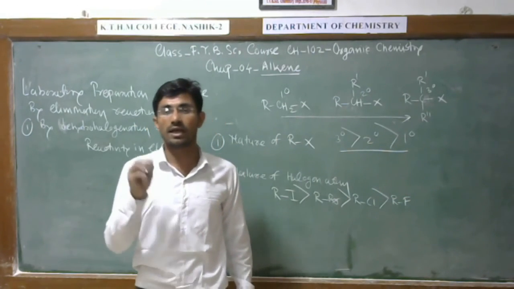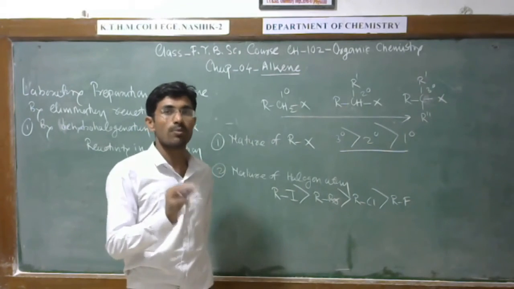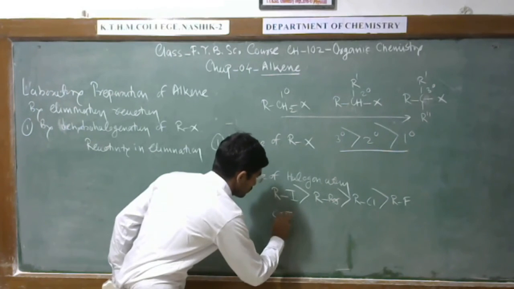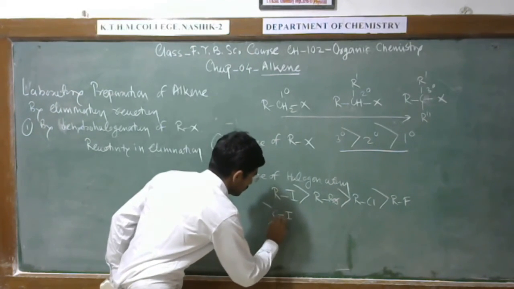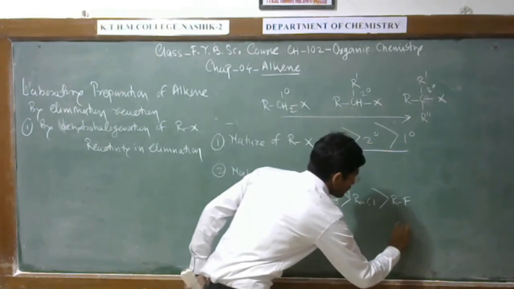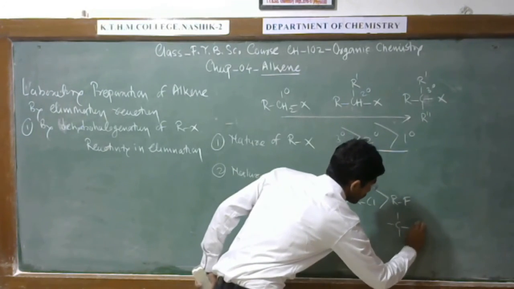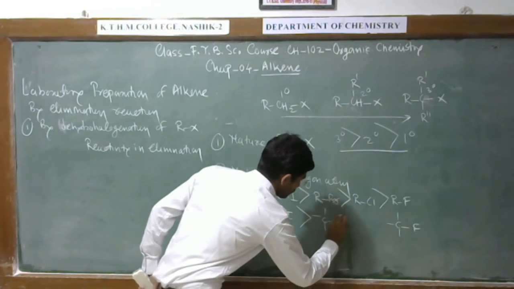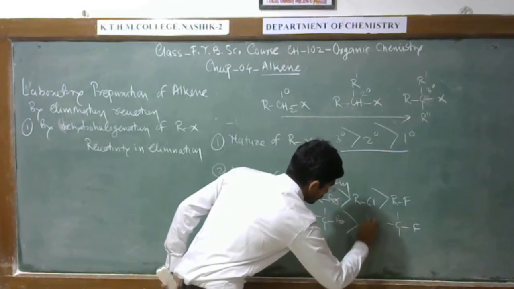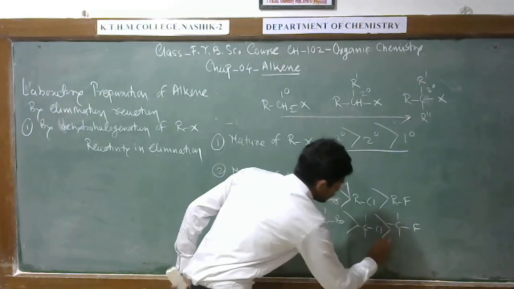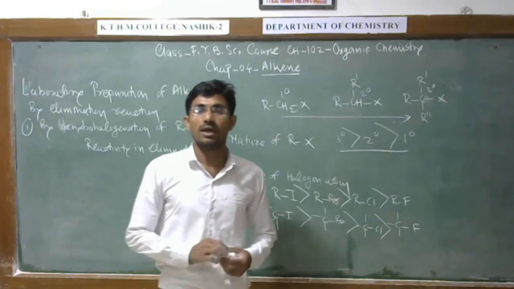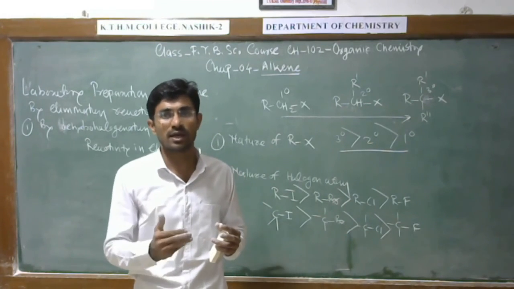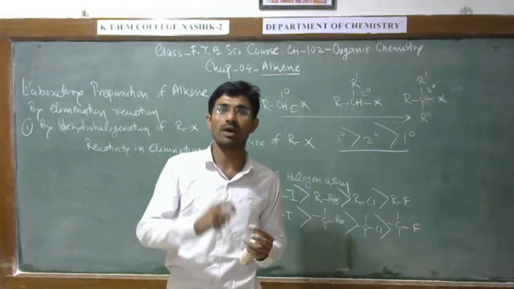So in alkyl iodide, the bond between carbon and iodine is present, while in alkyl fluoride, the bond is between carbon and fluorine.